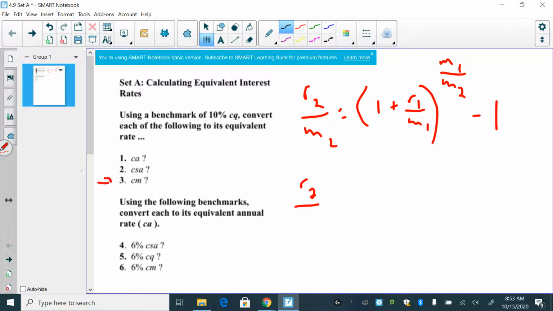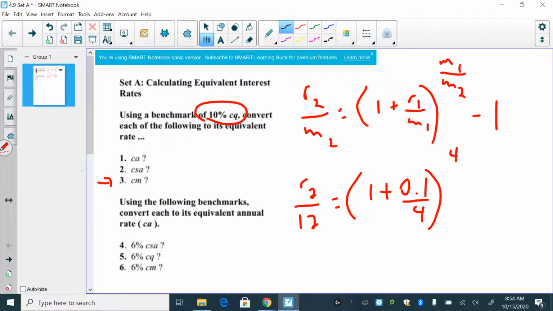Okay, I'm going to do number 3. We're trying to find for a compounding period monthly. So M2 is 12. And our original is right here. 10% is 0.1, compounded quarterly. So M1 is 4.